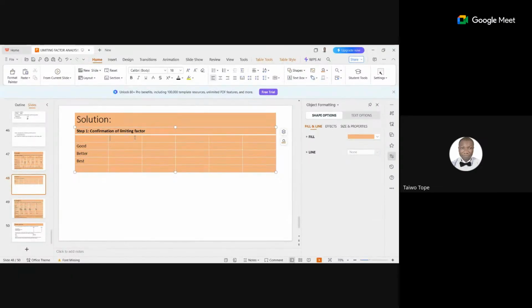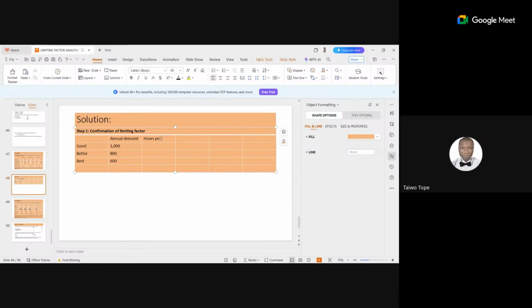Now, the annual demand for each of these products is what? For good is 1,000, for better is 800, and for best is 600. Now, the hours per unit, I believe you can see that in the question.